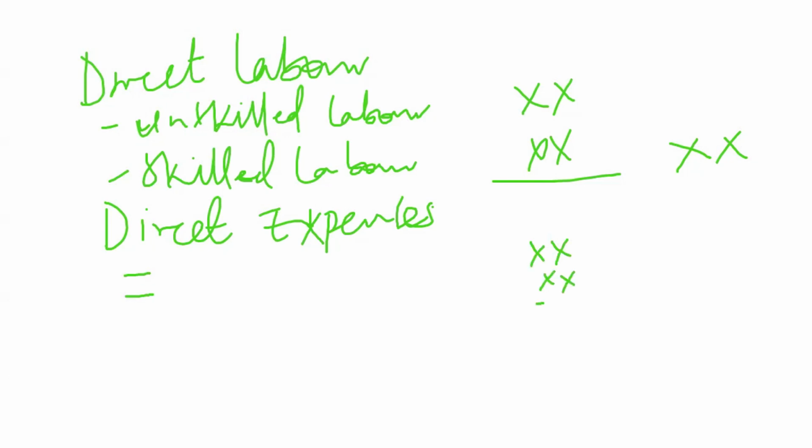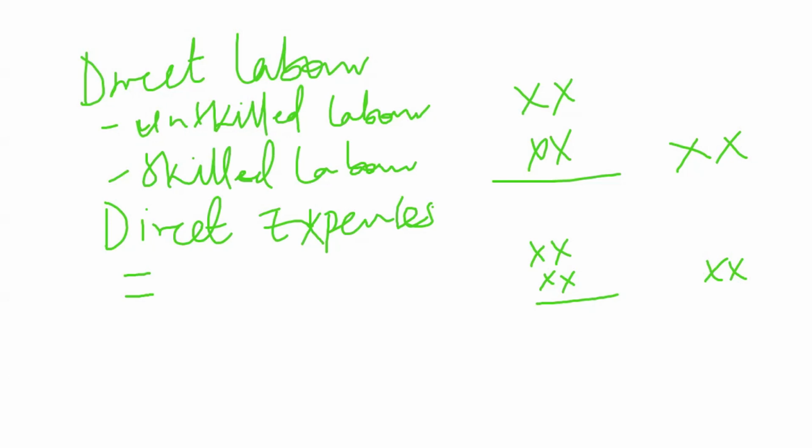Then you sum them, you take the total this side to be the total direct expense. So you do the same thing just like what we did for labor, where we added the unskilled and the skilled one. Those will give you the figures here.